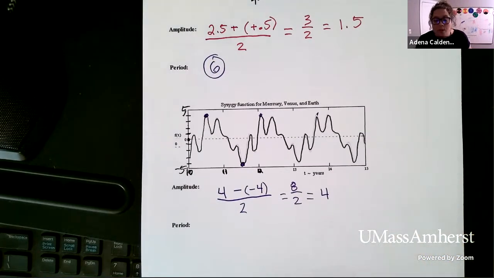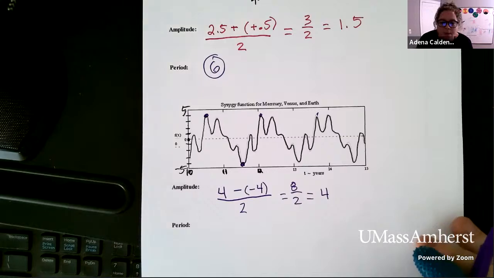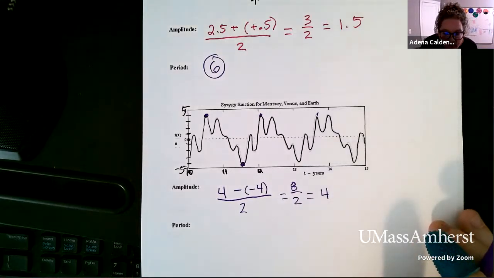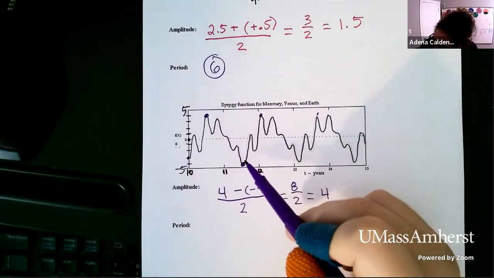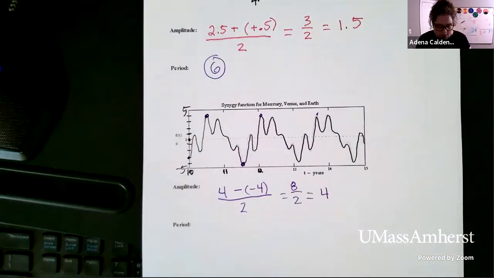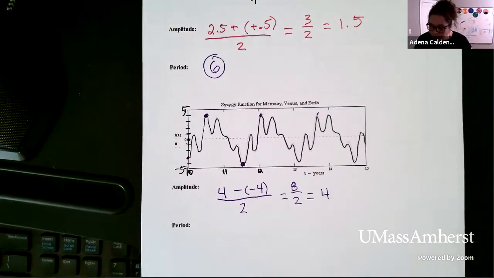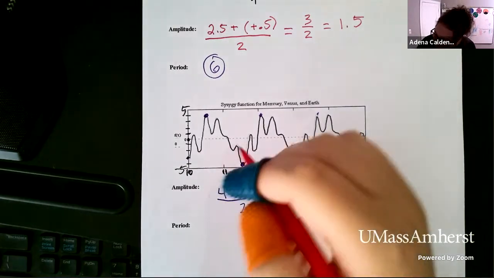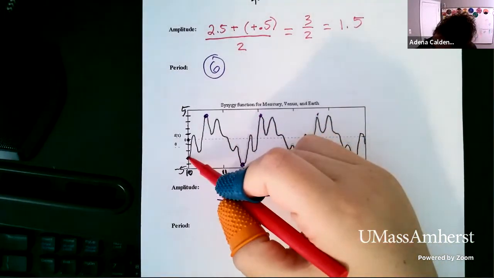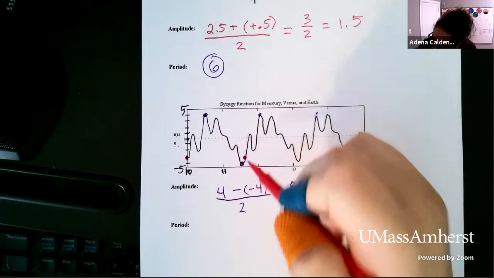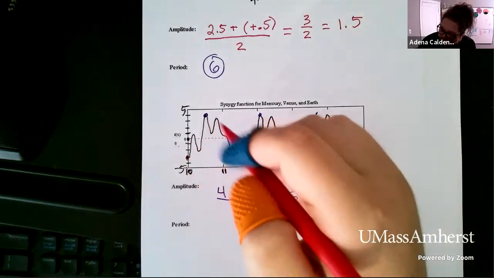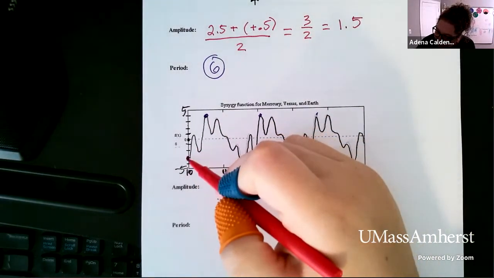Okay, so now for my period, I have to think about when this starts repeating. If I start at 0, I want to get to the point where I'm at the same level. And here, this is where 0 is. So to me, that is where it starts again, a little bit past this minimum.